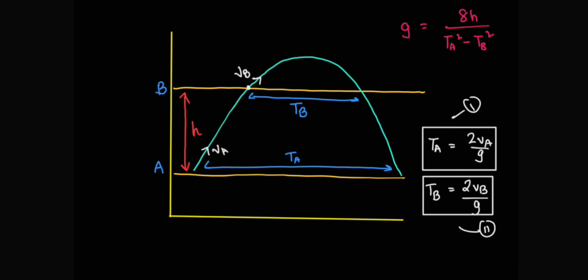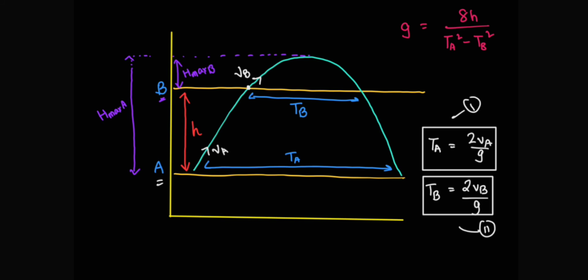Now moving on, we can also assume that the maximum height achieved by the object with reference to the point A be h max A, and that with reference to this point B, the maximum height be h max B, right?